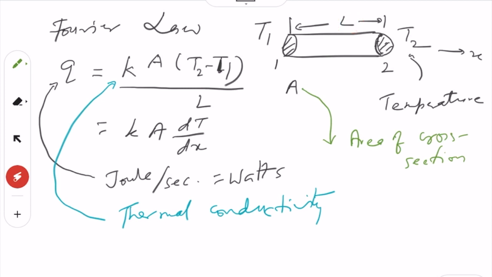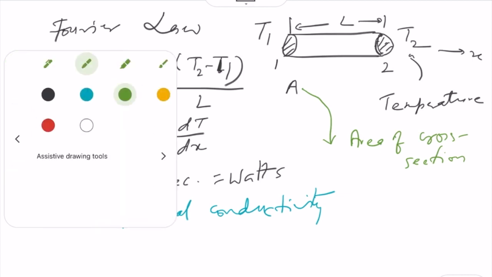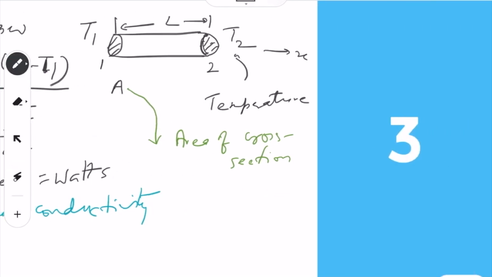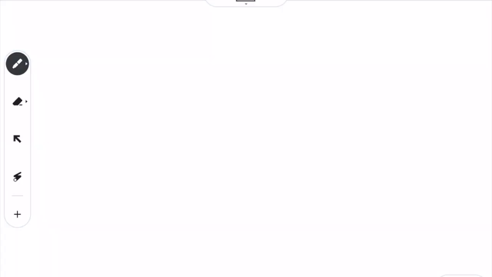So let's now formulate the problem. Let's write it in terms of the Ku equal to F type of form. We will analyze it the same way as we did earlier. Let's say T1 equal to 0 here and T2 is given here.